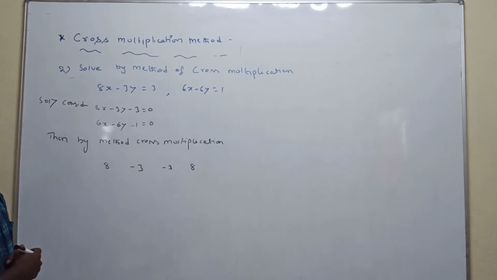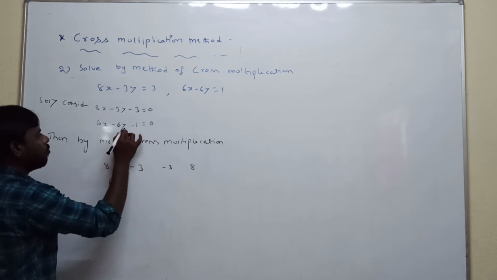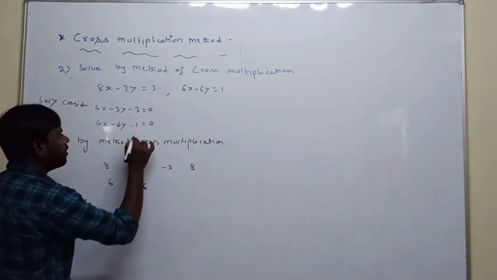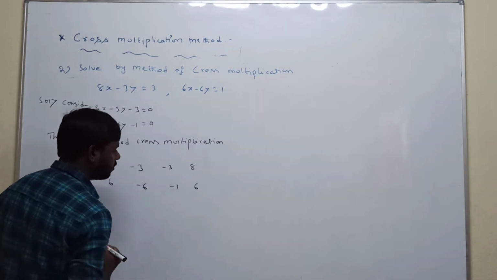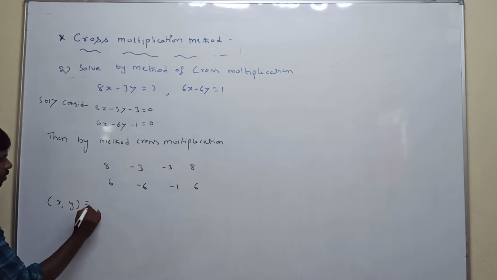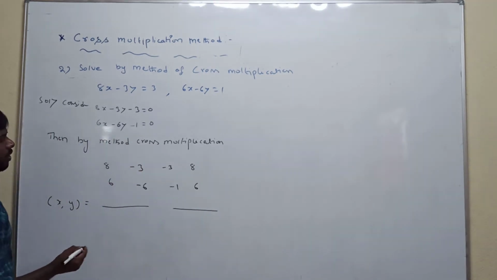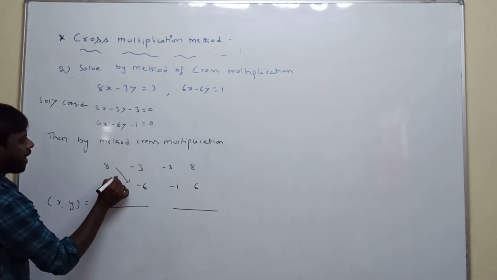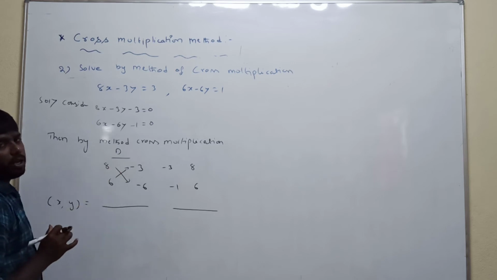Second equation also you write the x, y, constant coefficient values: x coefficient is 6, y coefficient is minus 6, the constant coefficient is minus 1. Again x coefficient you write 6. So now you take x and y values equal to numerator divided by denominator values. This value you take as x and y denominator.